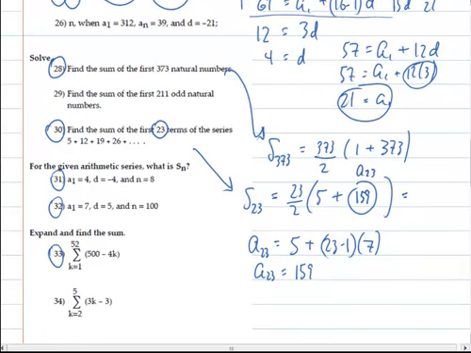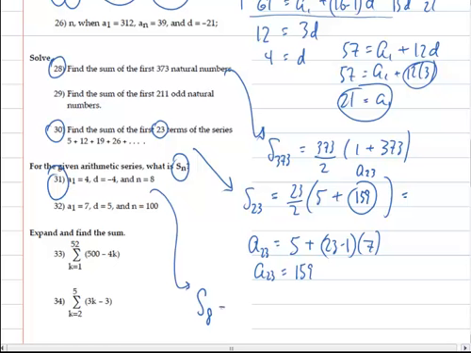Let's look at, given the arithmetic series, number 31. Number 31, given the arithmetic series, what's S_n? What's the sum of 8 terms? So this is like adding up 8 terms. It's just asked a little bit funny, but you'd have to sum up 8 terms.